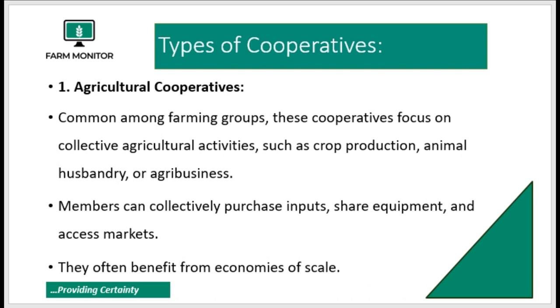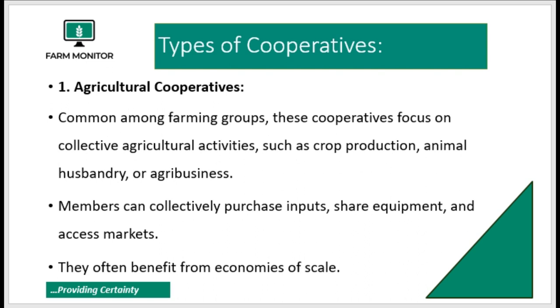So members are able to collectively purchase inputs, they share equipment, then they can do group sales when they access markets. The benefit for them is that of economies of scale.